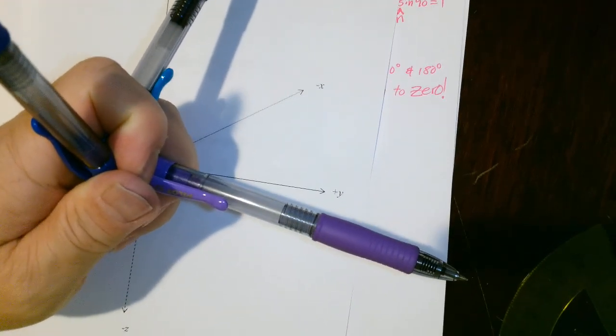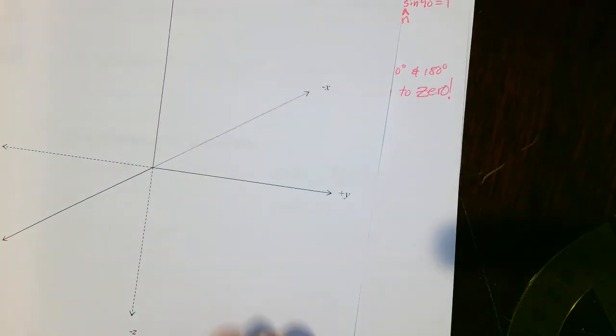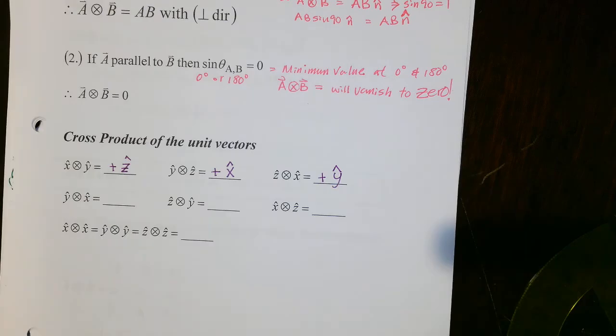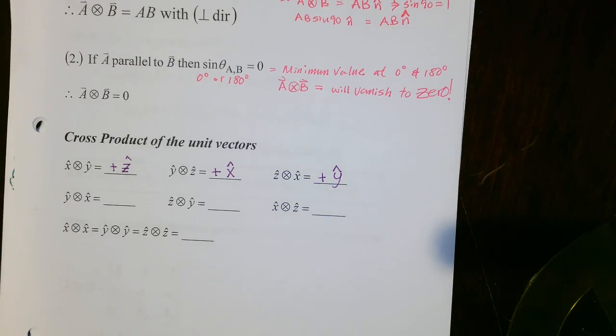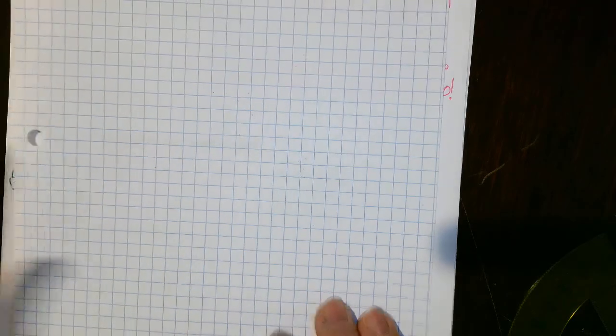If you're still having trouble visualizing that, what you can also do is create your xy plane on a piece of paper, on a flat two-dimensional piece of paper like this.